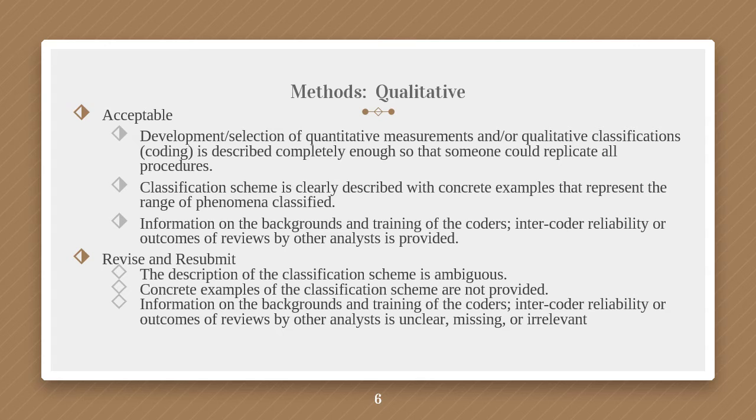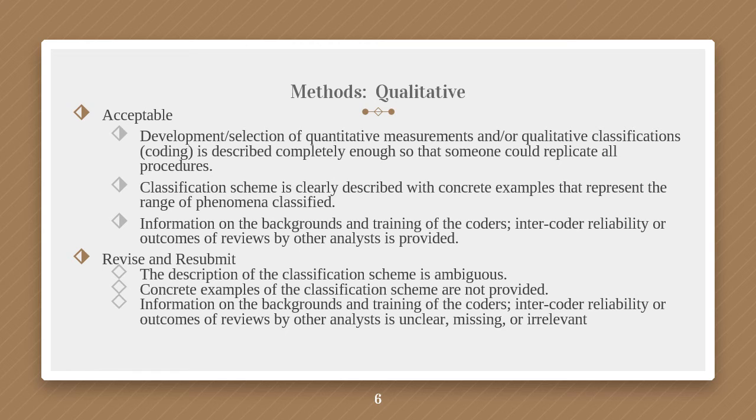Because qualitative and quantitative research are so different, and in fact APA has different journal article reporting standards for each, it's important to keep in mind that the method sections will be evaluated based on the type of research that you're doing. If you're doing a qualitative study, then you want to be sure that the development and selection of the quantitative measures or qualitative classifications or coding that you use are described completely enough so that someone could replicate all your procedures.